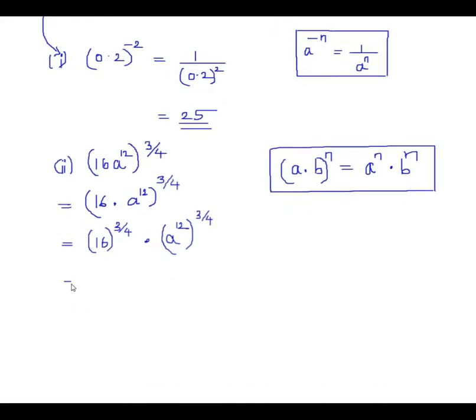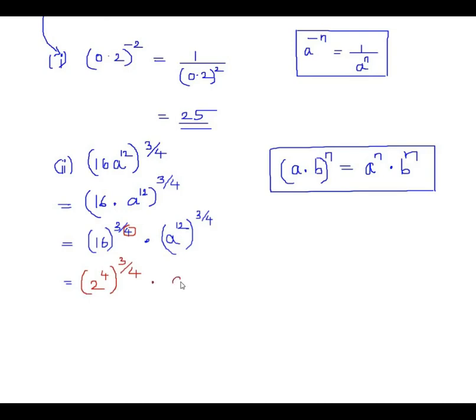Now the most important thing we have to observe is the denominator of this power, 4. Now think about a number which raised to the power of 4 gives you 16. So here we can think about 2 to the power of 4, because 2 to the power of 4 gives you 16. So let us write it this way, and it becomes 3 over 4.